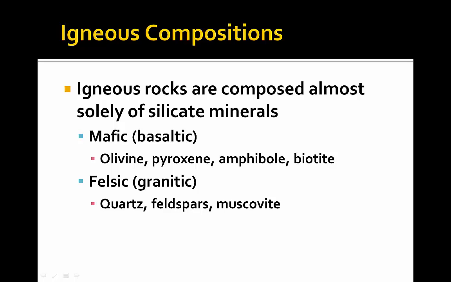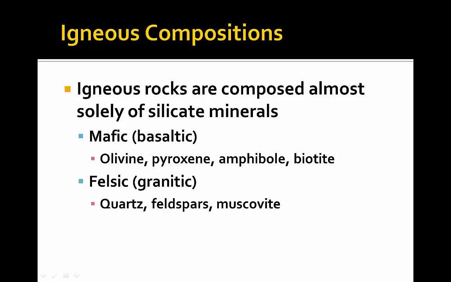So it's the minerals that are very high in magnesium and iron. Felsic is a term that comes from feldspar and silica. Remember silica tetrahedra? That's essentially the only thing that's within quartz. So we have two categories of silicate minerals based on whether they're high in olivine, pyroxene, amphibole, and biotite, those magnesium and iron-rich minerals, or the rock is composed mainly of quartz, feldspars, and muscovites, the felsic minerals.